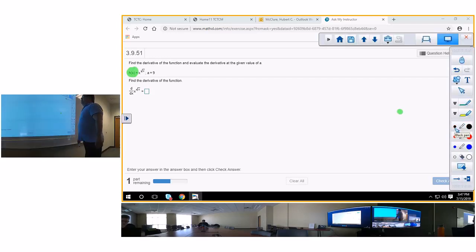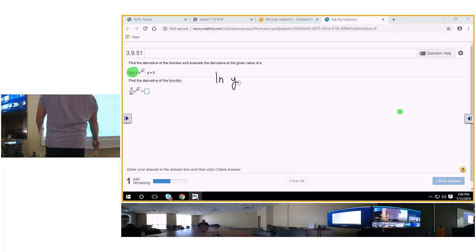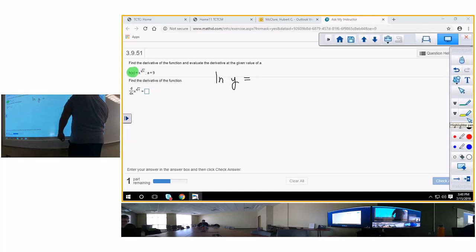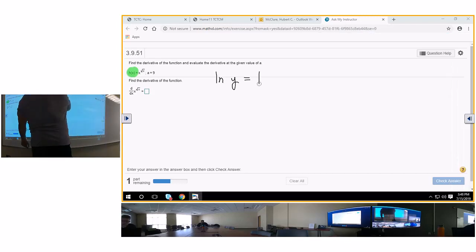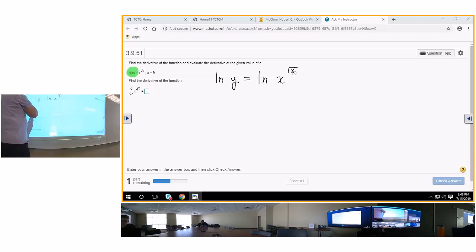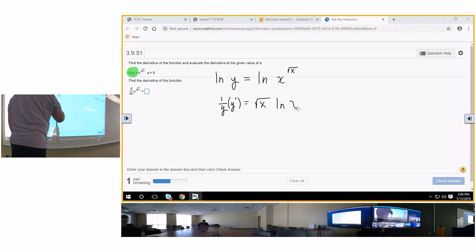I'm going to rewrite mine as natural log of y, or you can use h of x if you want to, is equal to natural log of x to the square root of x. 1 over y prime is equal to the square root of x times the natural log of x.